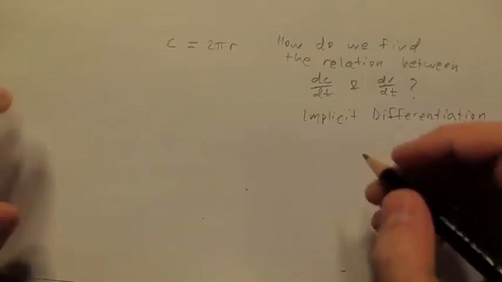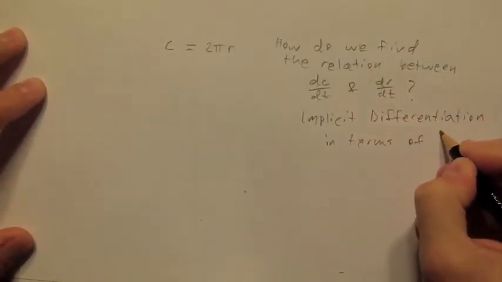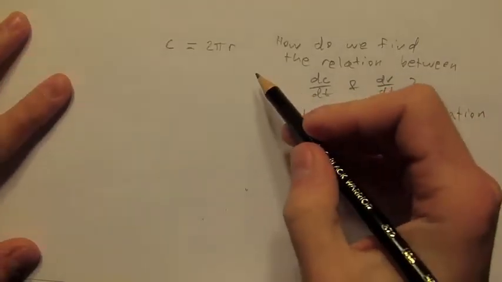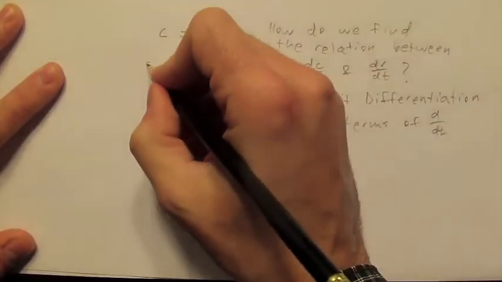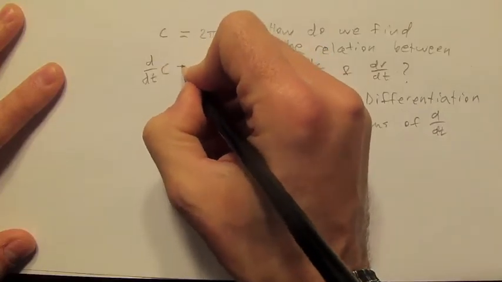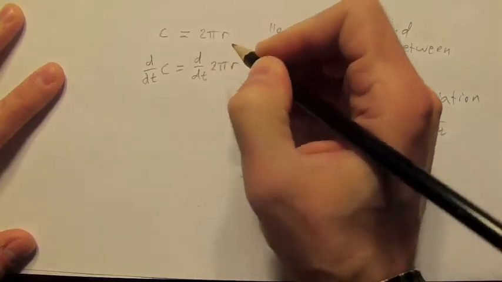Okay? So this is in terms of d over dt. Okay? So that means we differentiate both sides of this expression with respect to t. So we have d over dt of c is equal to d over dt of 2 pi r.